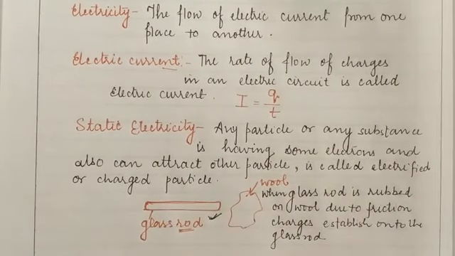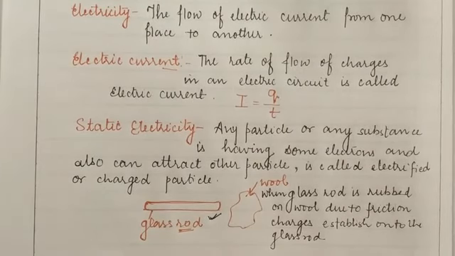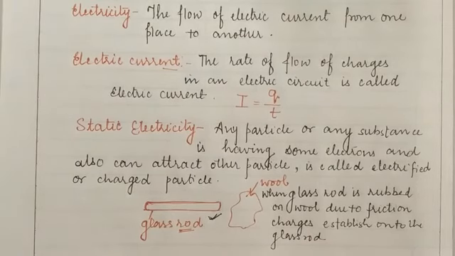Why? Because at that time the comb becomes electrified or gets charged. This behavior of attracting is caused only due to attractive forces. It means that we can define the force of attraction or repulsion.